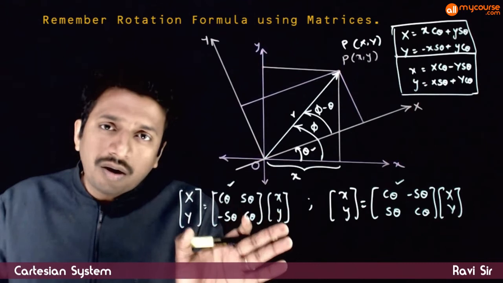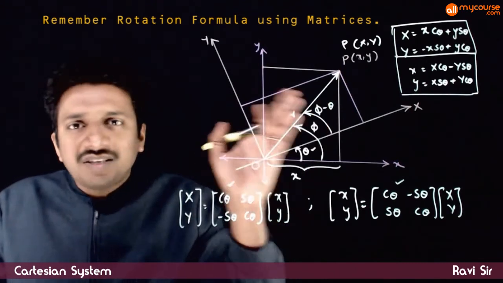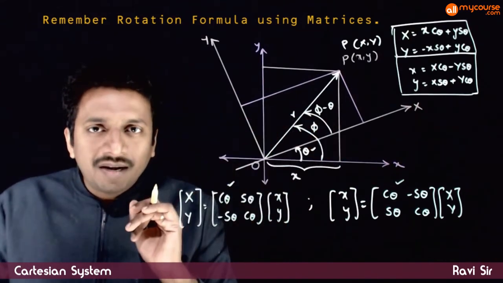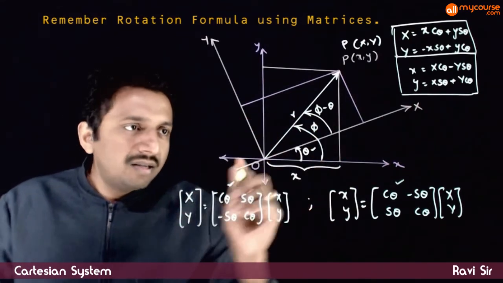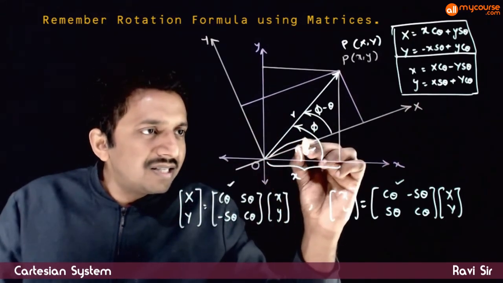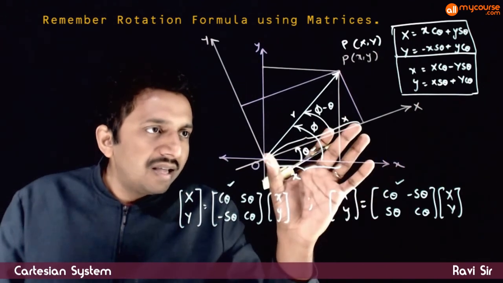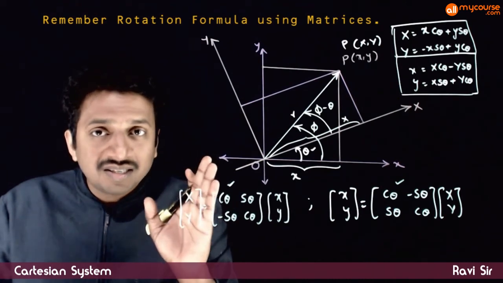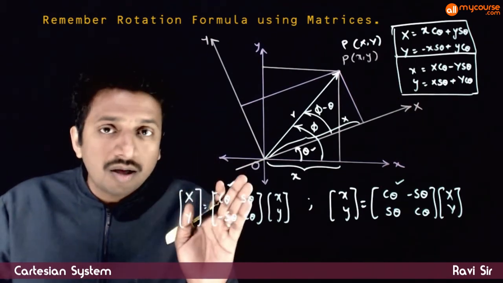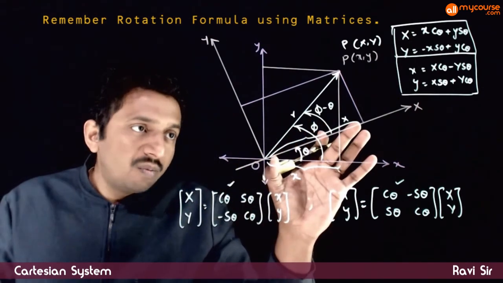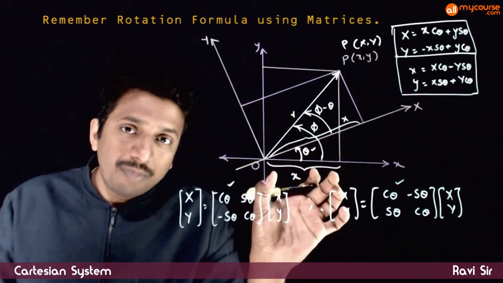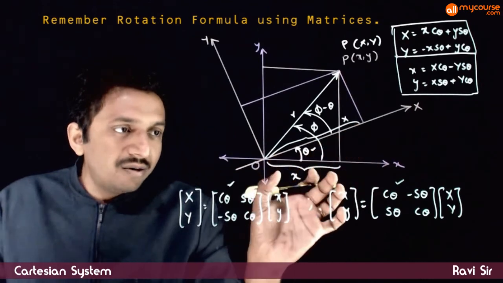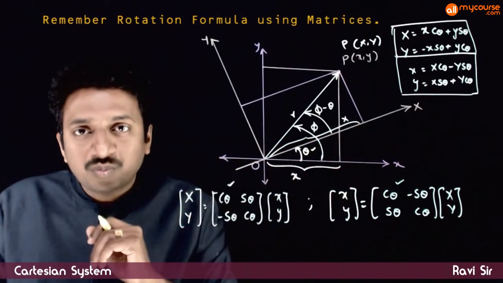Now if you want to remember this, you just need to keep this diagram in your mind. If you keep this diagram in your mind, you can very clearly see that the distance of capital X is more than the distance of small x. This is just a way to remember. This is not always true, but in our diagram, the value of capital X looks bigger than the value of small x.